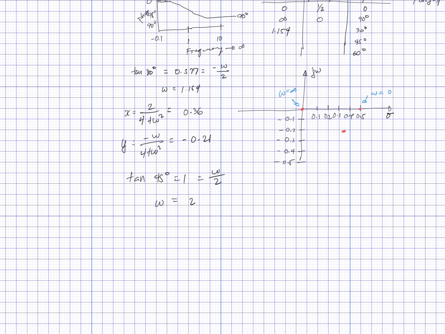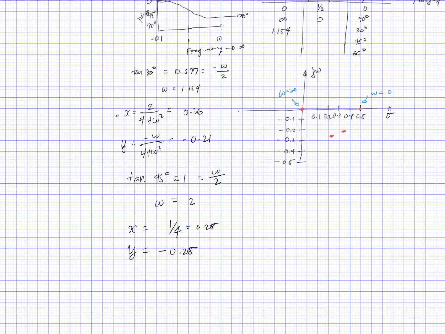And so the x component for that one, using this same equation, and omega equals 2, will give us a value of x of 1 over 4, or 0.25, and the y is negative 0.25. So we'll plot that one. 0.25, 0.25. So this is about right here. So that explains why I'm using this kind of scaling right here, so we could see properly.